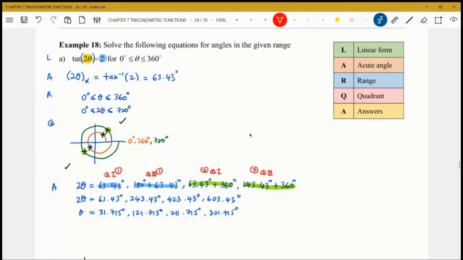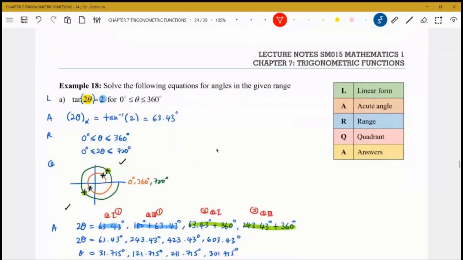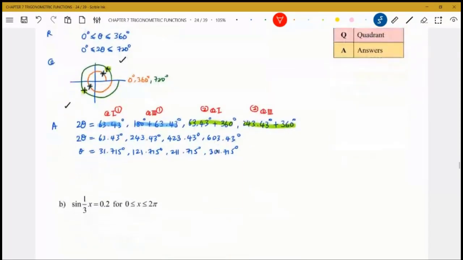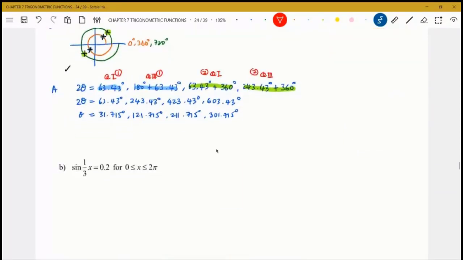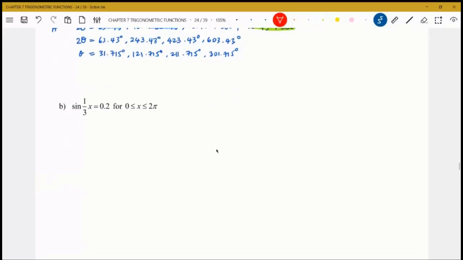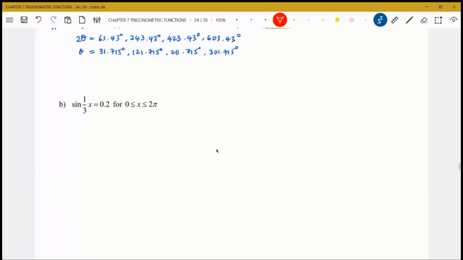Now we proceed to part B, which is kita ada perubahan pada range. Okay, so kita tengok pada part B. Sin 1/3 x equal to 0.2. Okay, so range yang diberi adalah dalam radian. So make sure your acute angle and answer adalah dalam radian. So this one is linear sebab sin dia adalah kuasa 1.